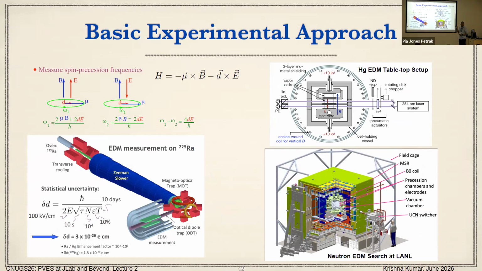Now, in reality, 10 days will be like 3 or 4 years, because these are 10 perfect days when everything is working exactly, and then you've got to do all the systematic studies and so on. But this is typical at the beginning of an experimental design, that you have to do to figure out what your uncertainty is on measuring this d, which is your non-zero electric dipole moment. And this same exercise is carried out for any search, right? Yeah.